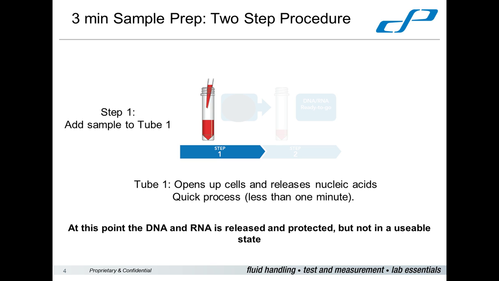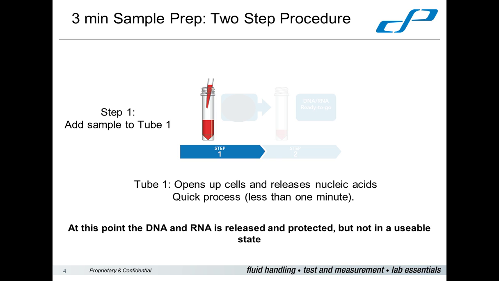At this point, however, your sample cannot be used, because your nucleotides are aggregated together and not in an accessible form to enzymes, which, for those of you who are thinking about it, is actually a rather useful thing because that means they're not subject to being degraded. So your nucleotides are actually being protected by being associated with the contents of tube 1.